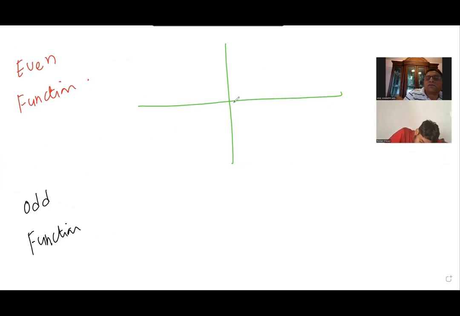The sine graph, if you sketch it, will be something like this. Is it okay? Now, what do you notice here is that sine is an odd function, because these are different values of theta, and that is the value of sine theta.